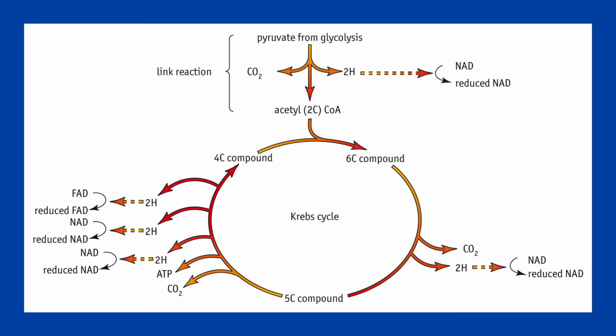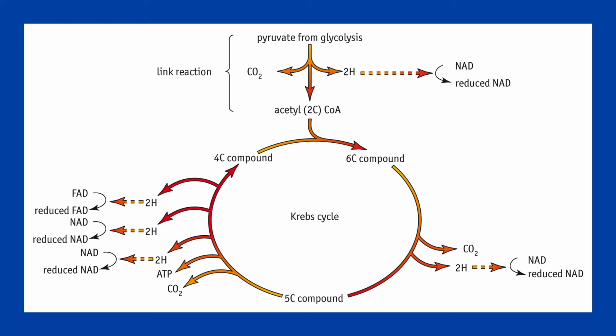The next stage of aerobic respiration is called the link reaction. In this stage, pyruvate from glycolysis is converted into acetyl coenzyme A, and this takes place in the mitochondrial matrix. First, pyruvate diffuses from the site of glycolysis, the cytosol, across the mitochondrial membrane and into the matrix of the mitochondria.